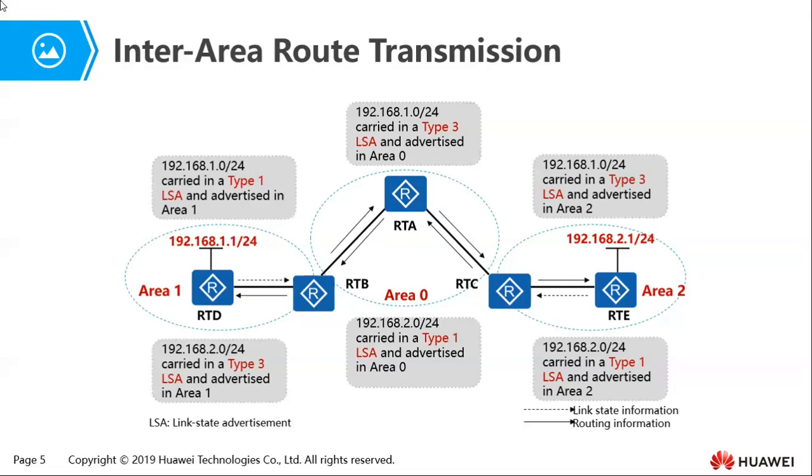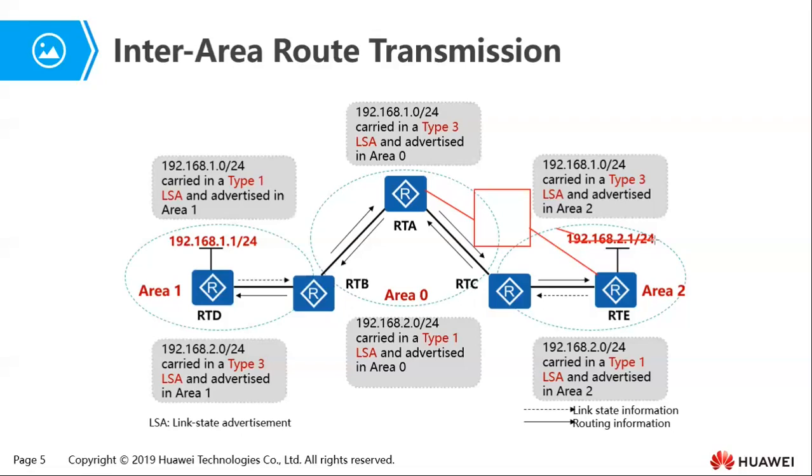It's important that I also mention this. In case, for example, we had another ABR here, and it's also connected to RTA and also connected to RTE. It means that both ABRs are going to advertise a route to this particular network.